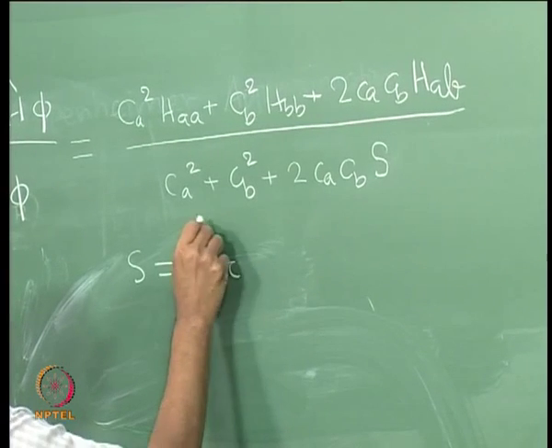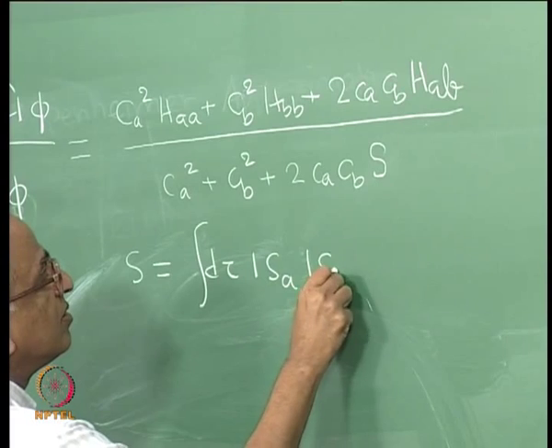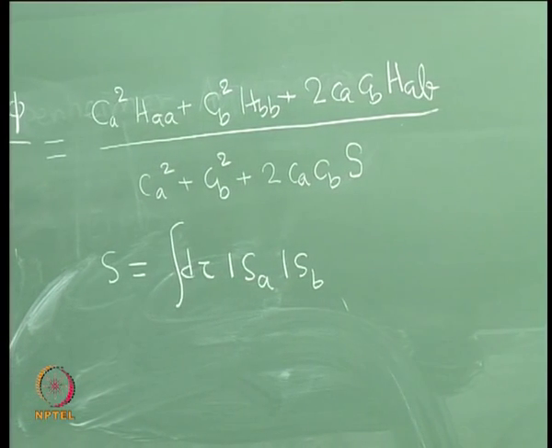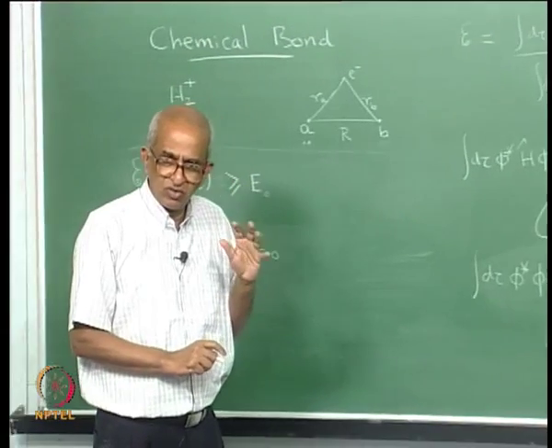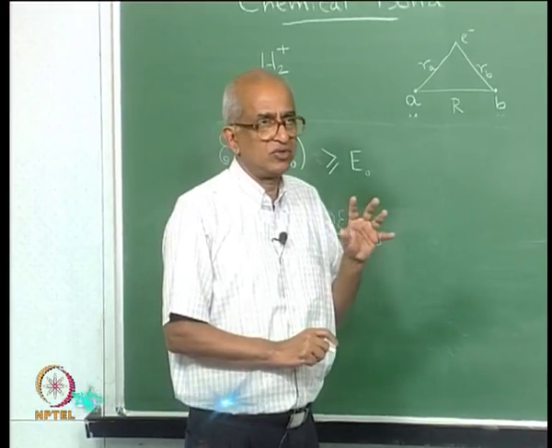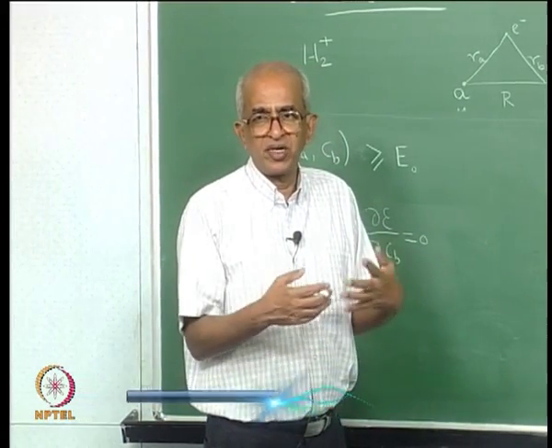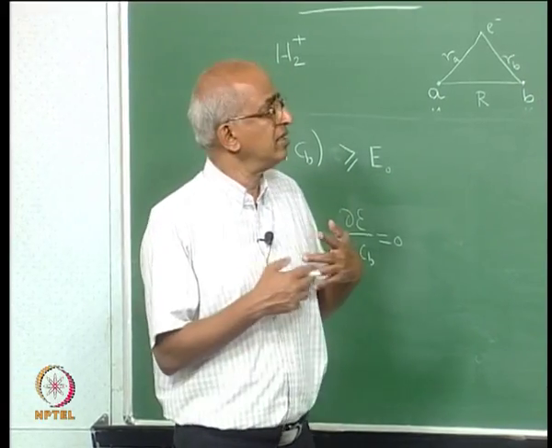integral d tau, the product of 1sa and 1sb, and often there is this question, why is it that this integral is not 0? Because you normally learn that if you multiplied any two atomic orbitals and integrated them over the entire space, the answer is actually 0.